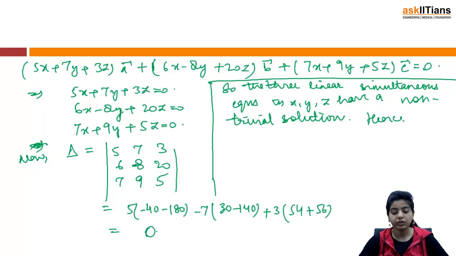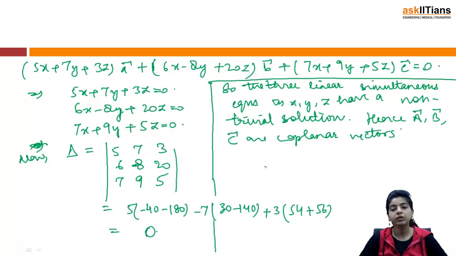And if they have a non-trivial solution, that means the vectors A, B and C are coplanar vectors. Because we began with this only: we were required to prove that they would have a non-trivial solution, and since we have already proved that, these vectors A, B, C are coplanar vectors.